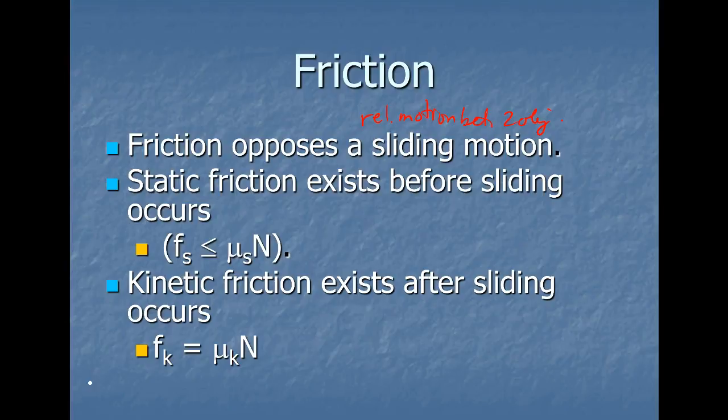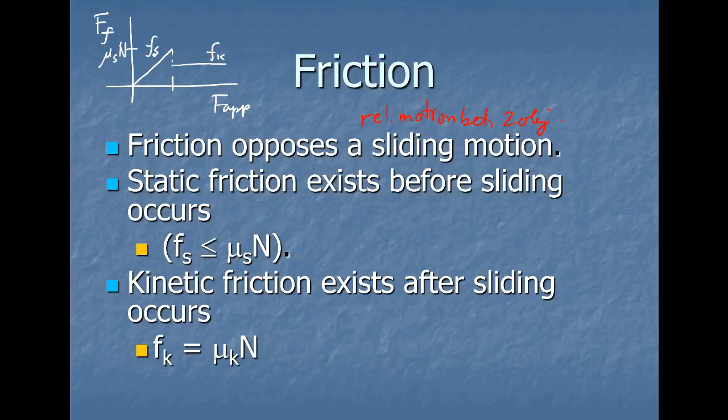Okay, and that certain amount is mu times the normal force. So if we're going to sort of graph, okay, F applied versus F friction, there would be a linear relationship up into a certain point, and that point is where you get to mu s times the normal force. Then what happens is it drops down, and no matter how much applied force there is, you would have kinetic friction, which is a constant value.